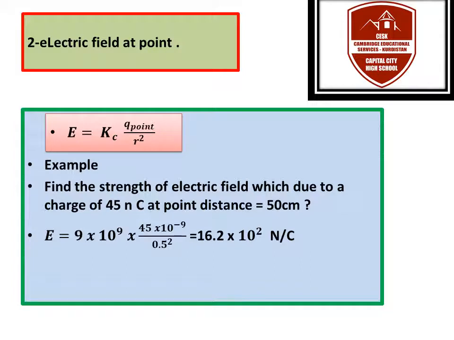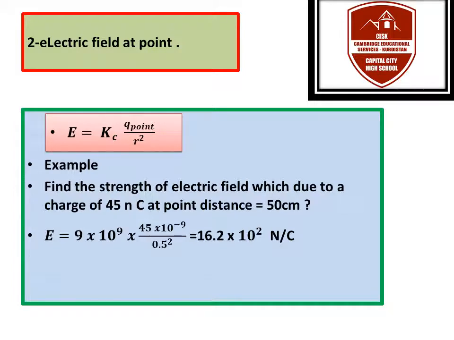So here there is a relationship between the distance which we need to calculate the electric field in this distance with another distance. So here R is an important factor. In other words, around the point charge, the electric field is not the same. It changes from one point to another point.